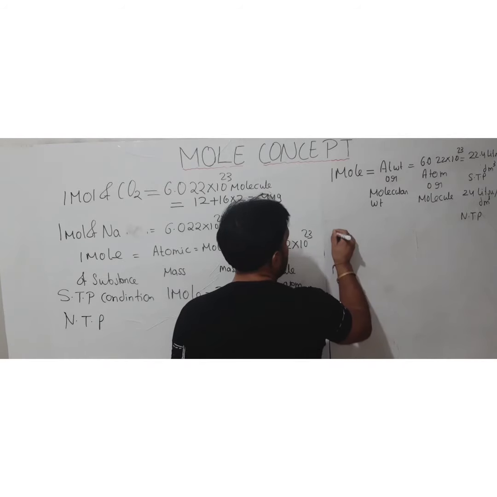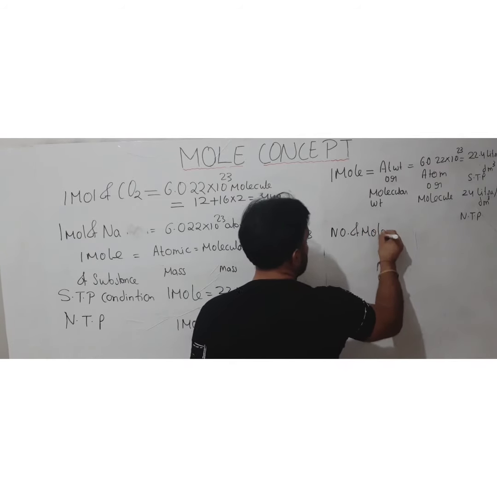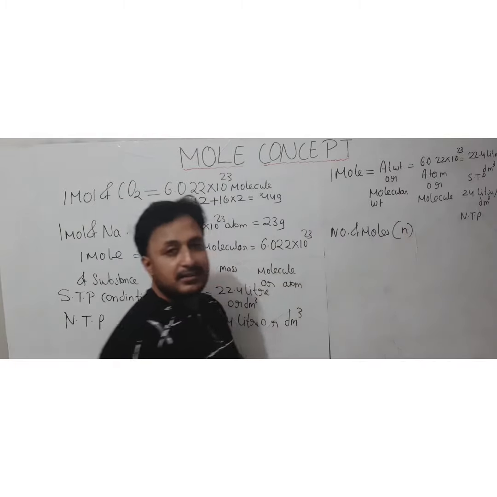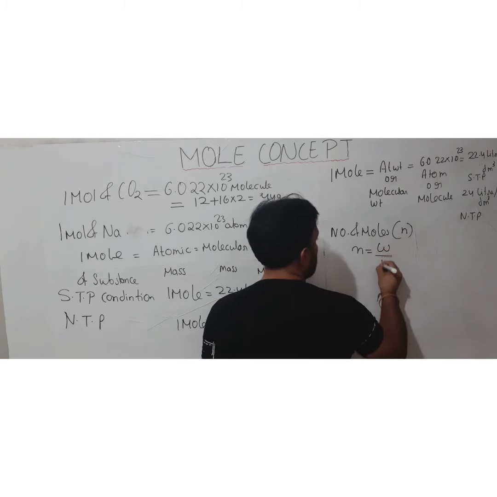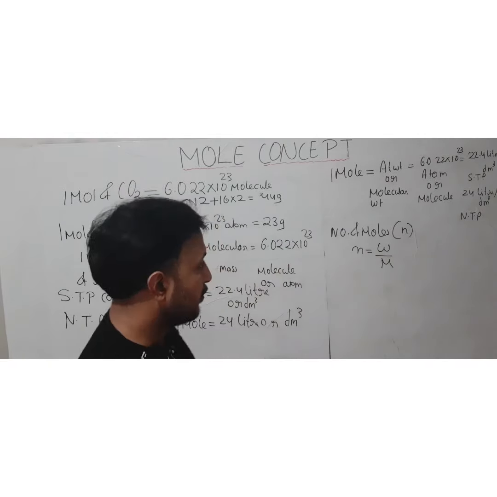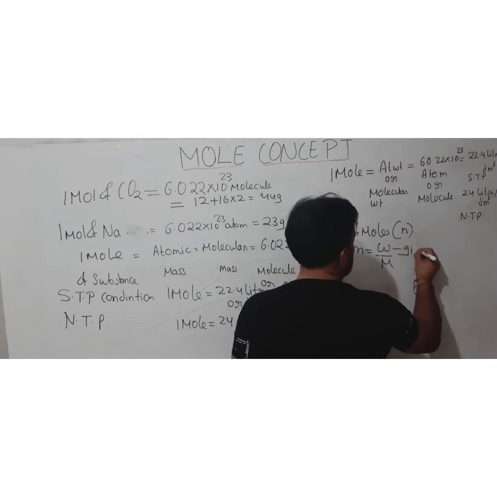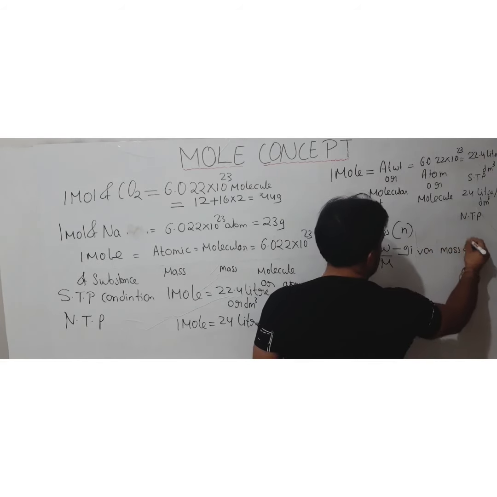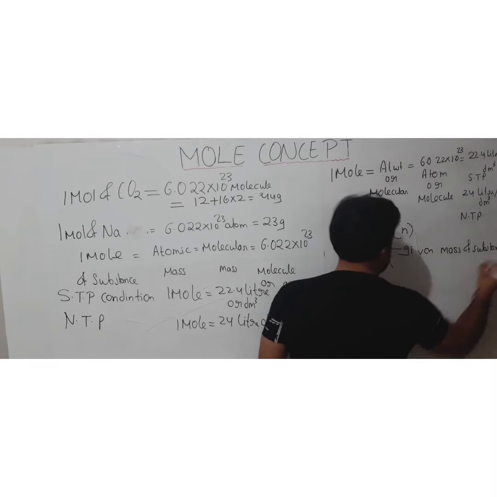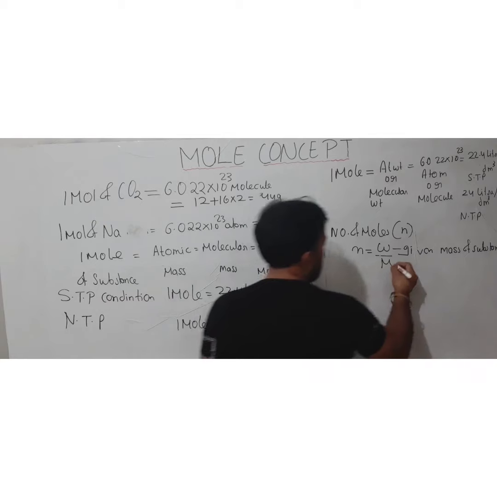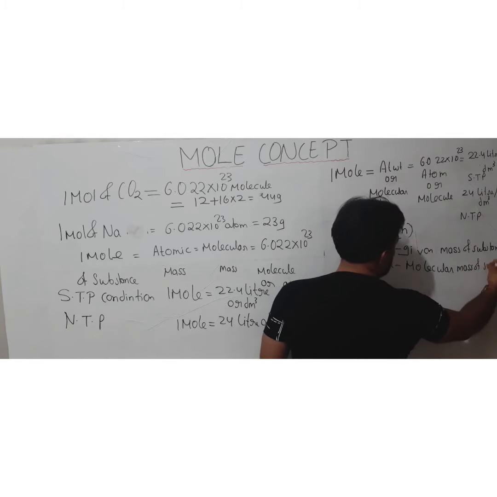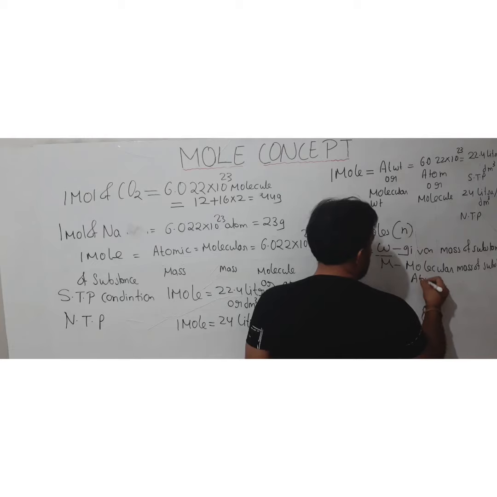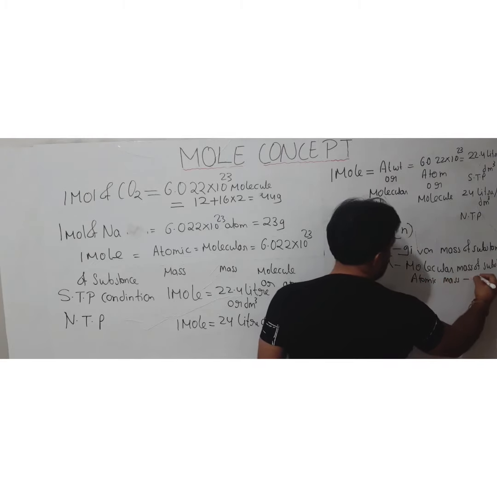So if you have to calculate the number of moles of any chemical substance, the number of moles is represented by small n, then the formula is n equal to W by M. We can use any other variable also, but I am using W. W means the given mass of substance, and M is the molecular mass of substance if it is a molecule, or the atomic mass if it is an atom.